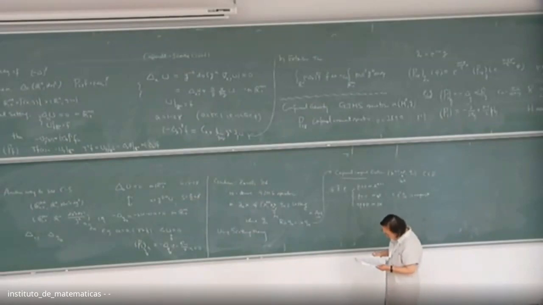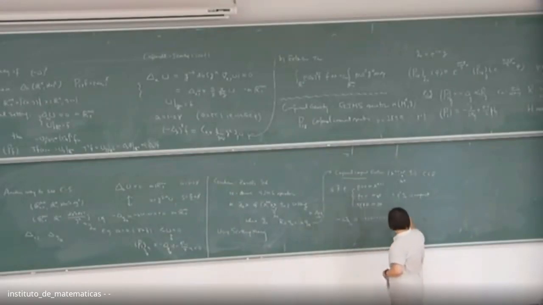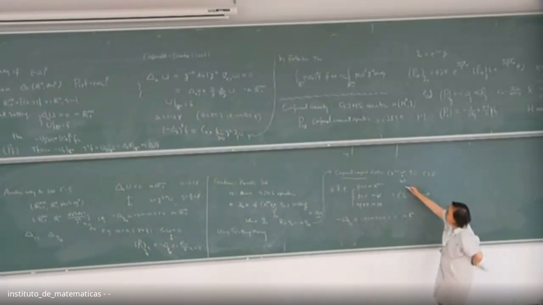Okay, and what Graham and Zworski did is they look at the solution of the Laplacian minus s(n minus s) u equal to 0. Okay, I call this conformal infinity.